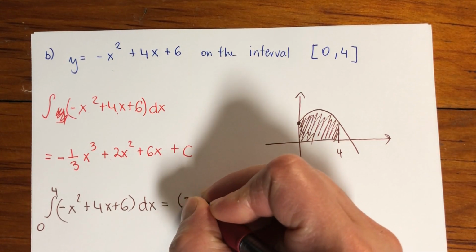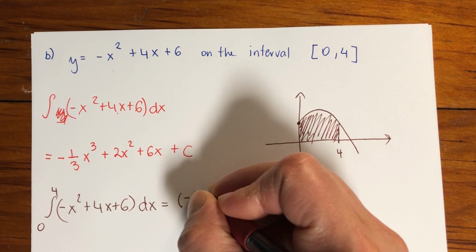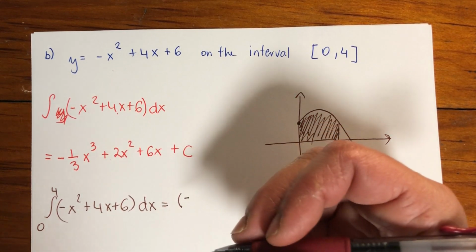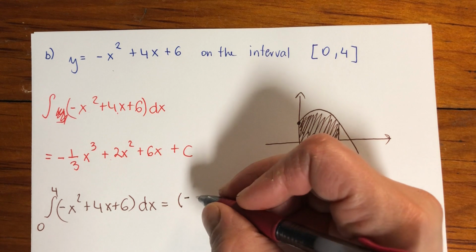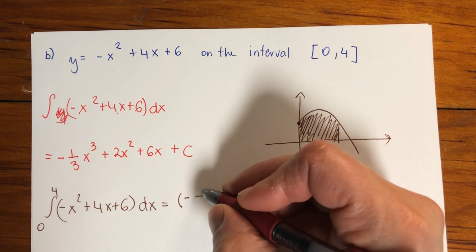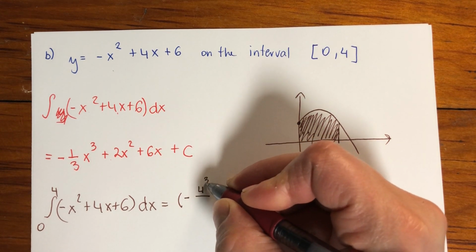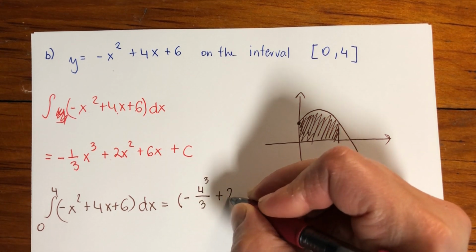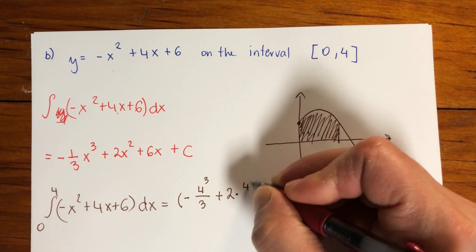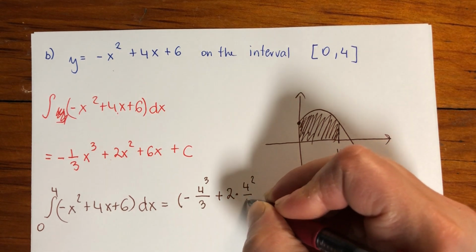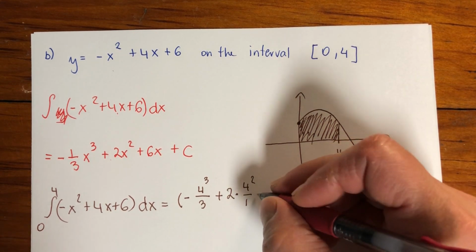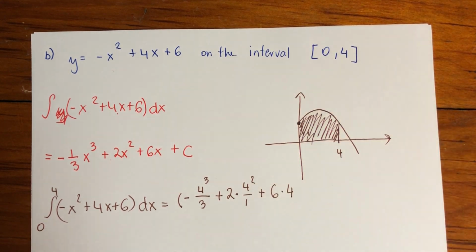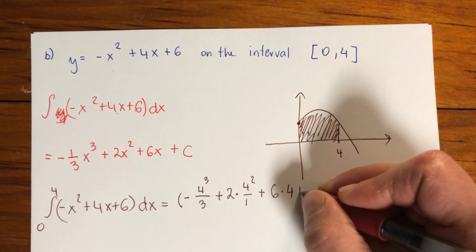So negative 1/3, so I can put this on one fraction line. So I am going to have 4 to the power of 3 divided by 3 plus 2 times 4 squared, plus 6 times 4. And then I have my c.